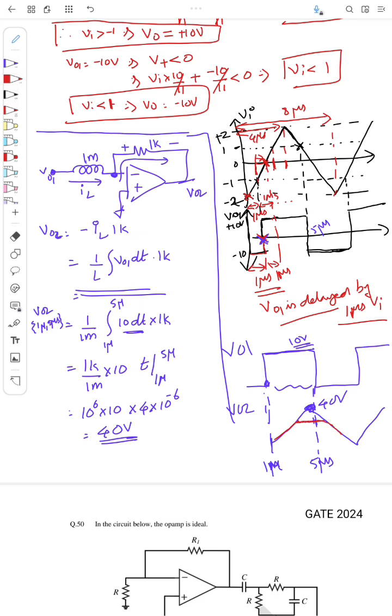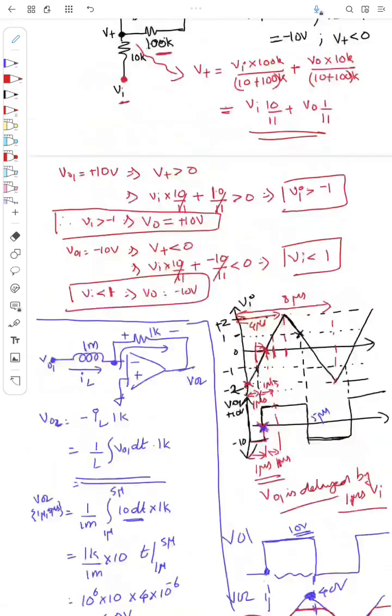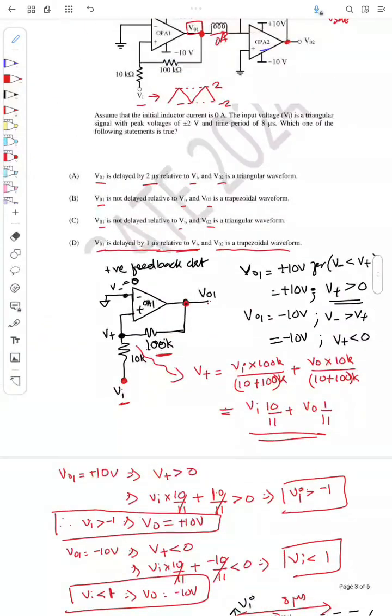Similarly, in negative also it will saturate at minus 10 volt, so it will be something like this. So this is actually a trapezoid. So the answer is V02 is a trapezoid waveform. Okay, so answer is D. So V01 is delayed by 1 microsecond and V02 is a trapezoid waveform.